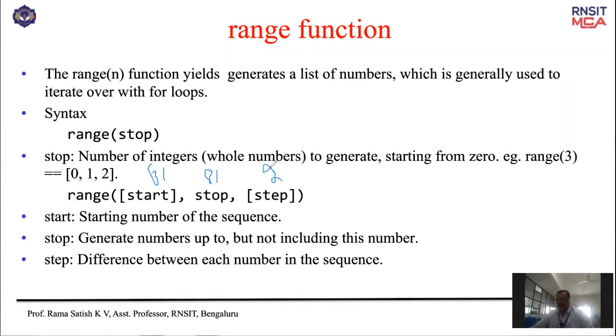When you give step is equal to 2, what happens? 61 is the first number, next number is 63, next is 65, 67, 69, 71, 73, 75, 77, 79, and 80. It will come up to 80.